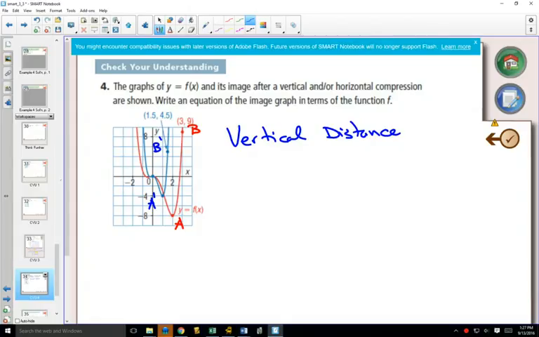So now, when we're looking at our vertical distances, we'll first look on the original one. How far was it from A to B? Well, that would go from -8 up to 9. 17. And now when we look at A prime to B prime, what is it now?